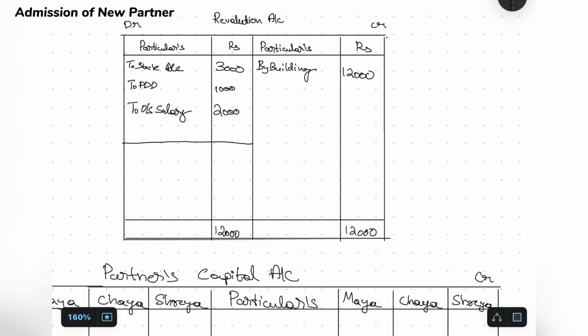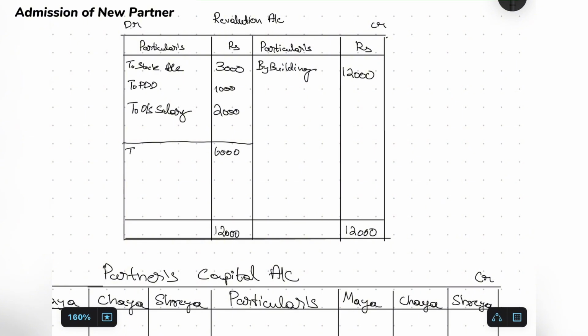So the remaining balance will be 6,000. I can easily tell that 6,000 is the profit I have made, and it applies to the partners. So the income side is 12,000 and the expense side is 6,000 rupees. After analysis, I'll get 6,000 as the balance.